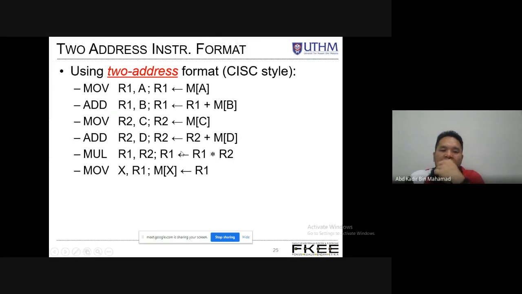For three address, if you notice, this just involves three instructions: add, add, multiplication. If you compare between three address instruction with two address instruction, it involves six instructions.